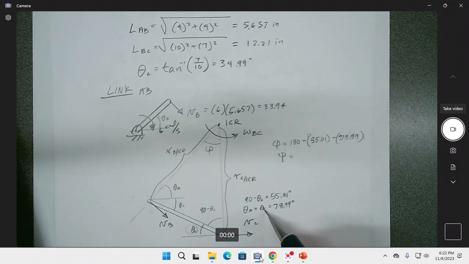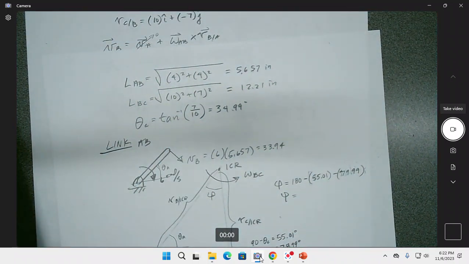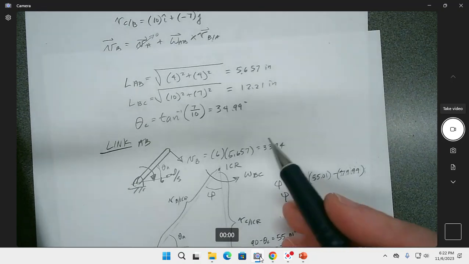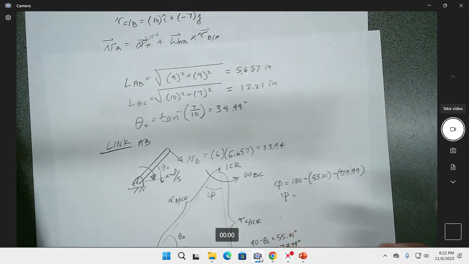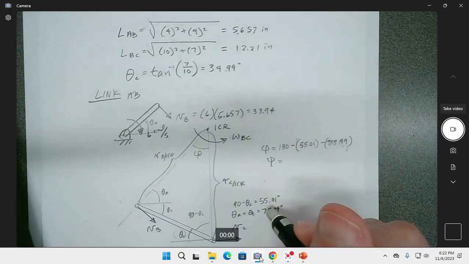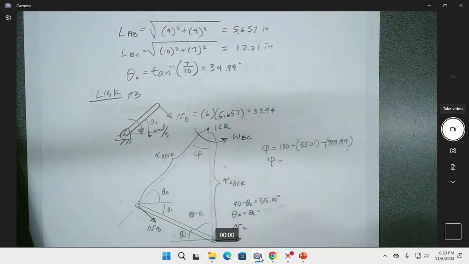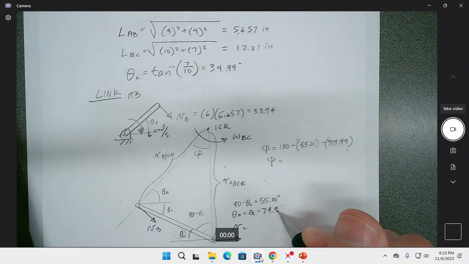Yeah, theta C. Well, no. If you go 0.7, I think you added something like 44.98 plus 45, should be 79.99.